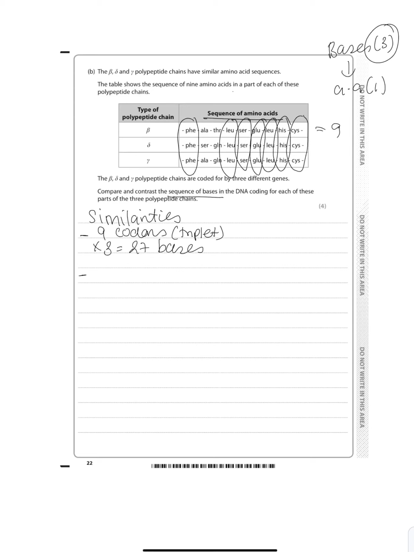So actually, if we're looking at it, then the 3 first bases, so that's coding for amino acid 1, it's the same bases, and that's also true for amino acids 4, 5, 6, 7, 8, and 9. Oh, no, sorry. Not 3. 4.